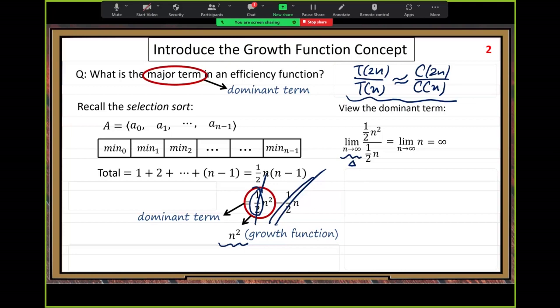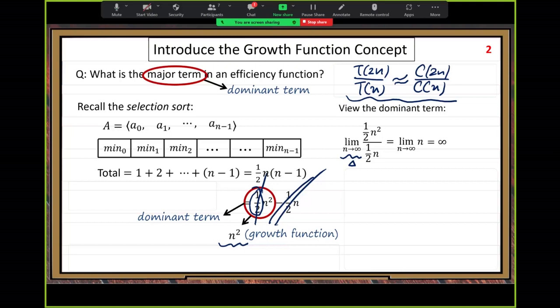The second round, you simplify your dominant term by ignoring its leading coefficient, replacing it by 1. After these 2 rounds of simplification, you get the growth function of your efficiency function.